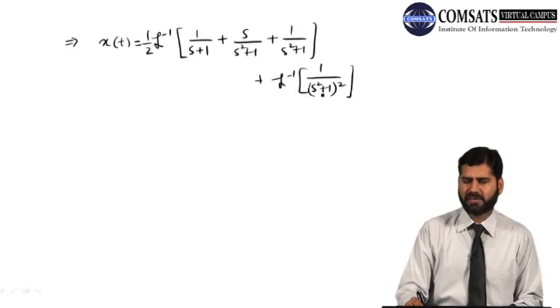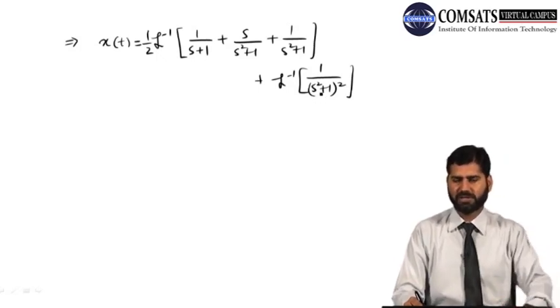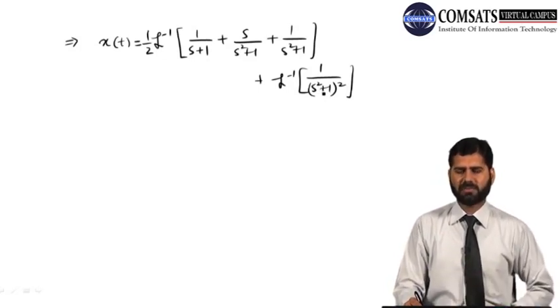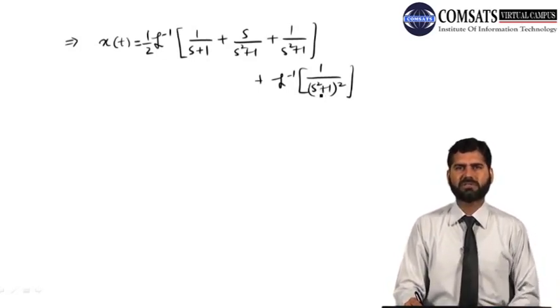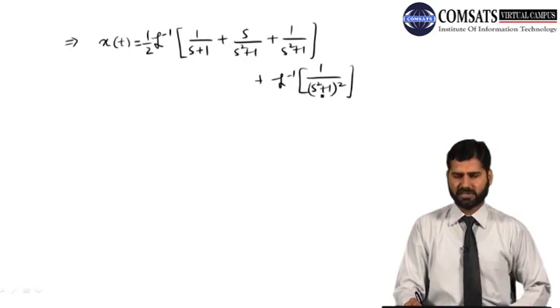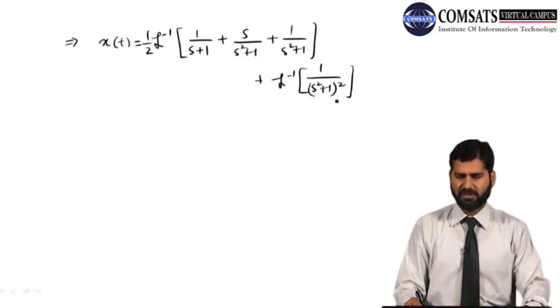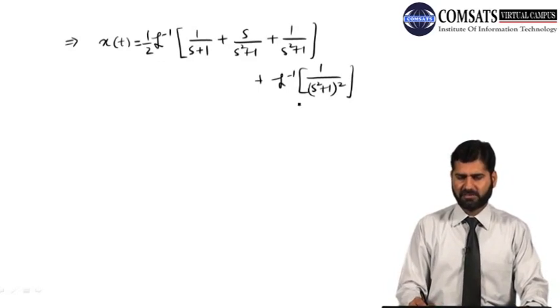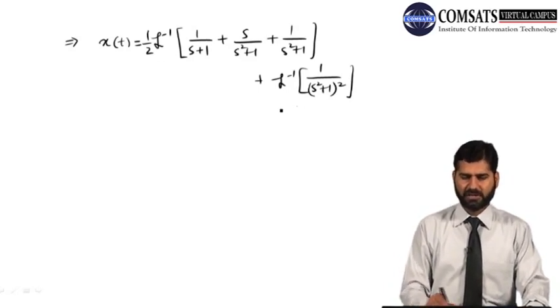Okay, this is the product of 1 over s squared plus 1 and 1 over s squared plus 1, right? Product of two functions. And I know the Laplace inverse of the product is the convolution, right? Convolution integral. So one way of doing it is that you can find the convolution integral.